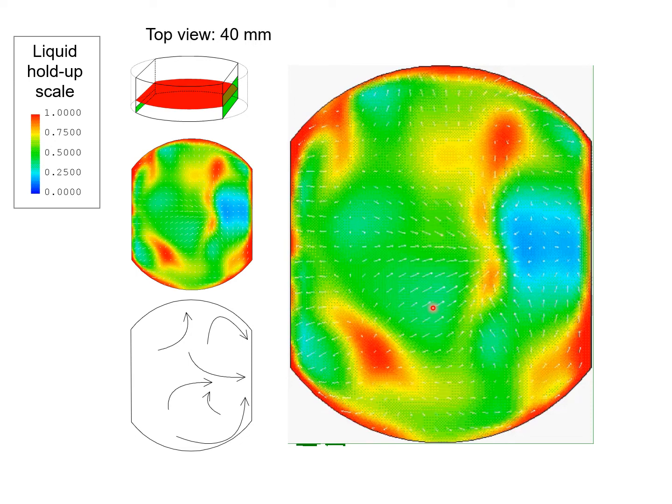You have to examine the entire 3D flows as a whole to reach that conclusion.